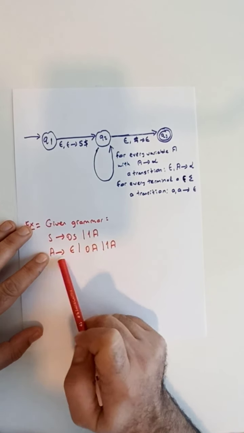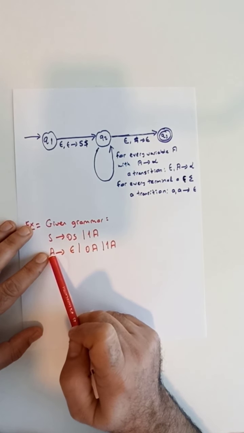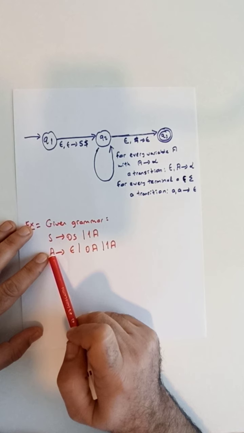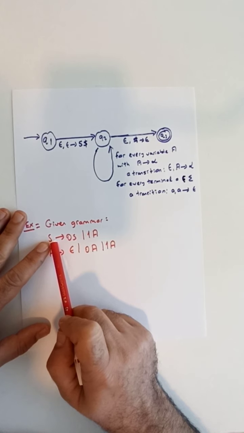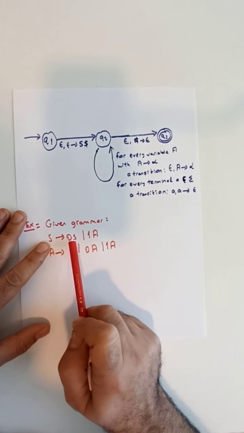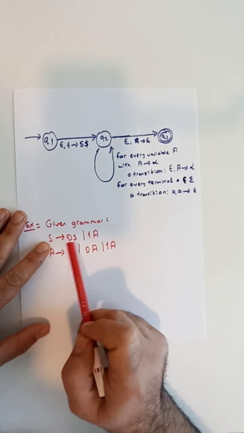Then we can see that the variable A generates all strings defined over zeros and ones. Basically any string. Now if we inspect the variable S, it has a rule 1A.